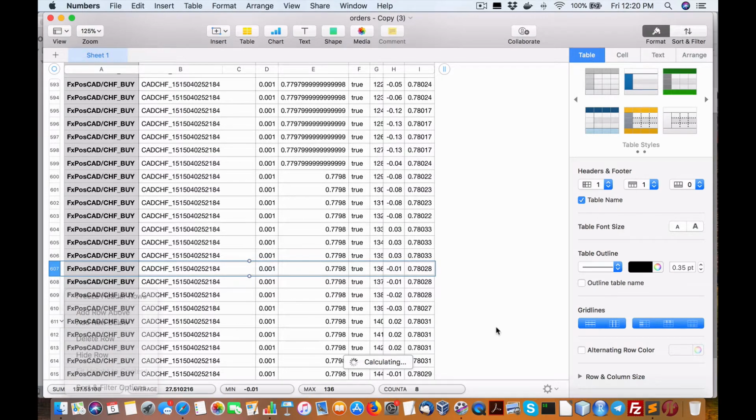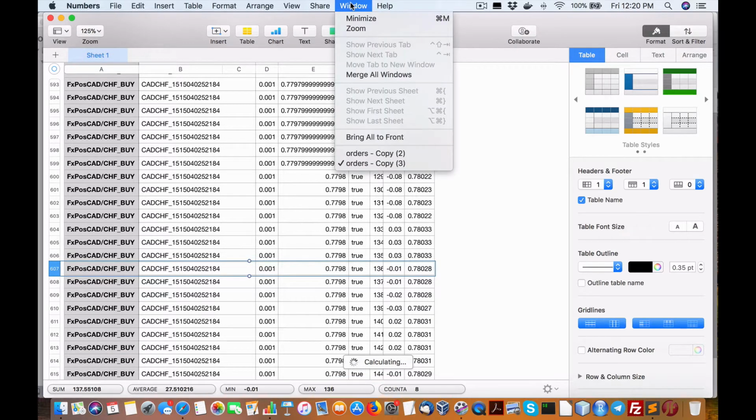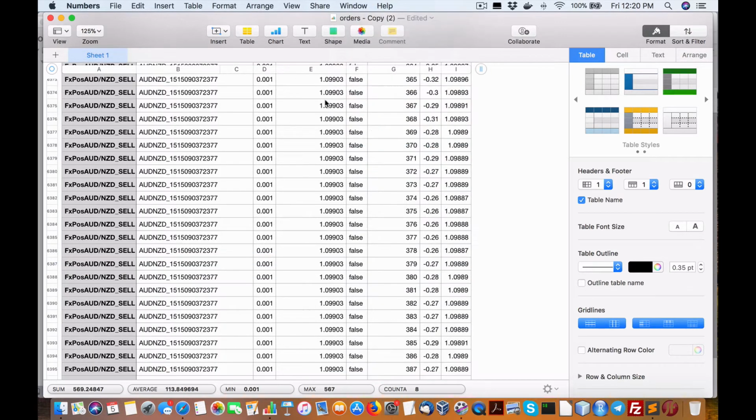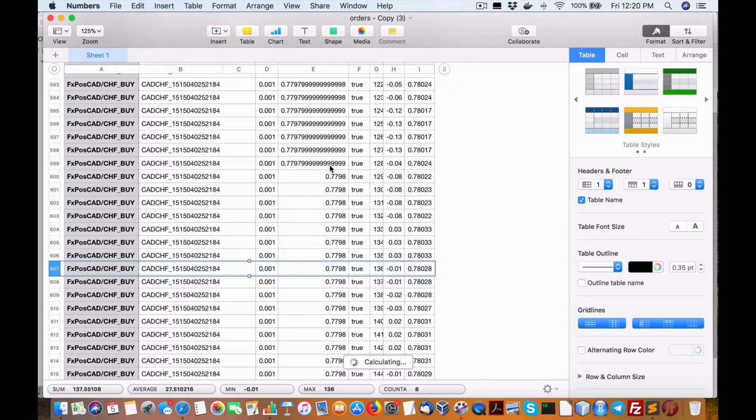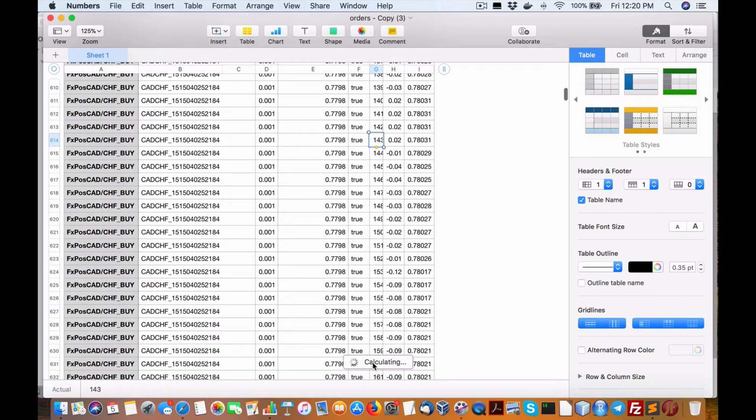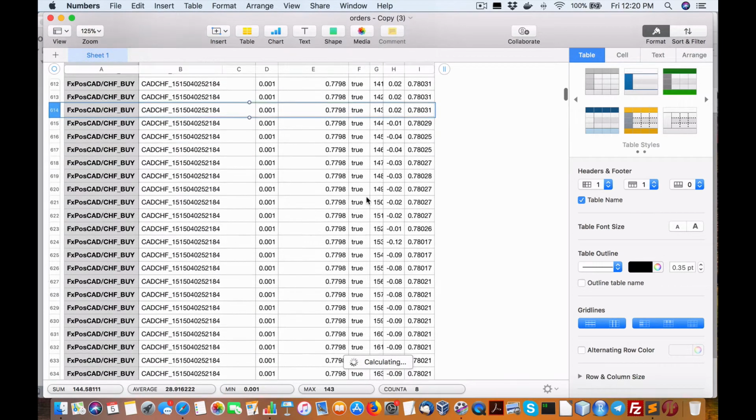Wow. This is crap. You know what? I'm going to close this file, delete it or not. Okay. So it made money here at this position, 143 bars in.